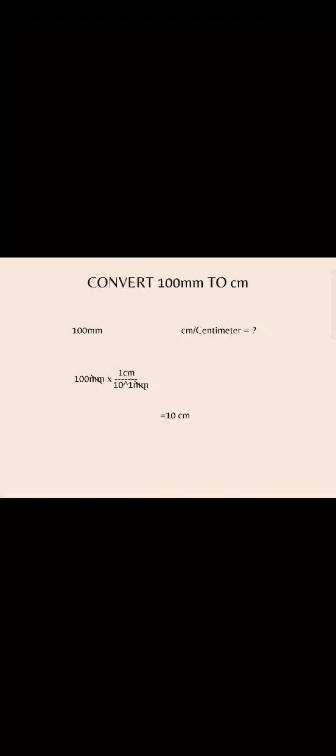Here is an example of metric system. Convert 100 mm to centimeter. First, you should write the given, which is 100 mm, and the centimeter is equals to unknown, equals question mark. And for solving, you should put 100 mm times 1 centimeter divided by 10 raised to the power of 1 millimeter.